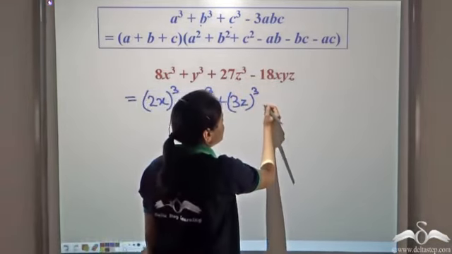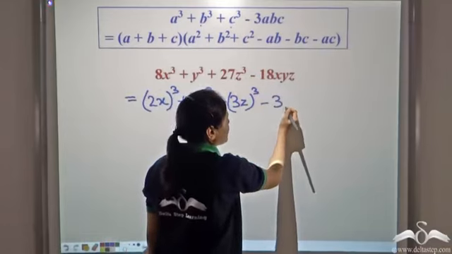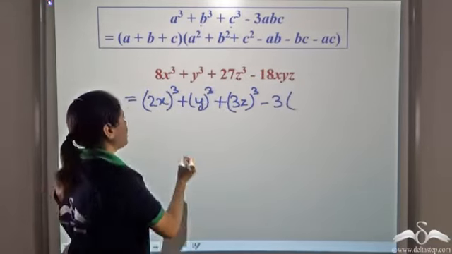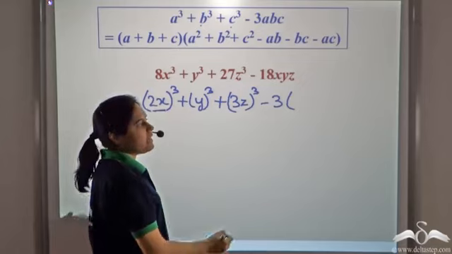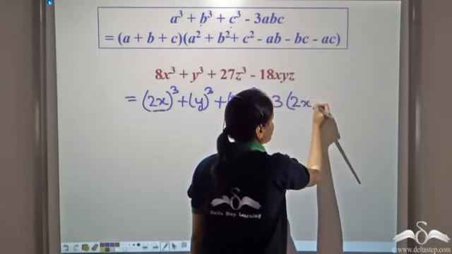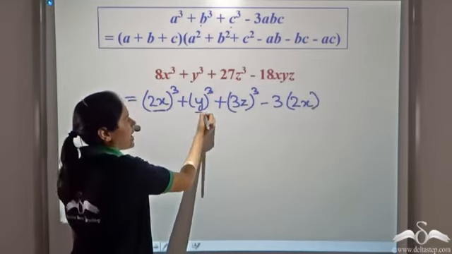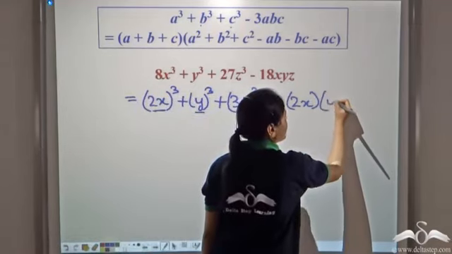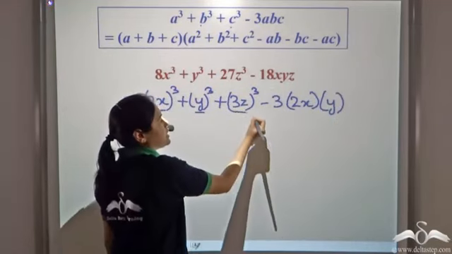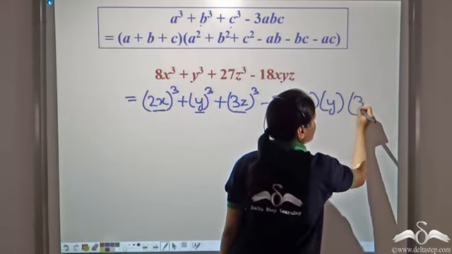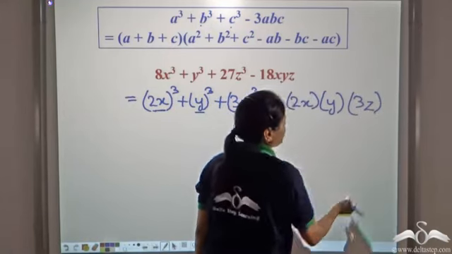Now what is minus 3abc? Minus 3 into a. 2x is a. So we have 2x here. Y is b. So we have y here. C is 3z. So we have 3z here.